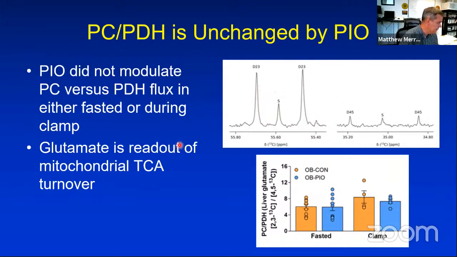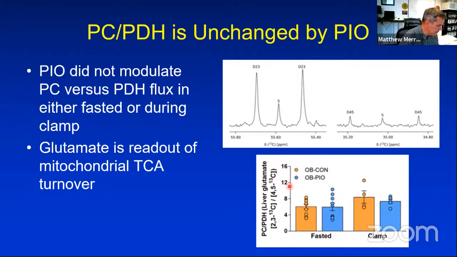So this glutamate is our readout of the mitochondrial TCA turnover. And even though glutamate is labeled by exchange with alpha-ketoglutarate, it's a faithful reproduction of the alpha-ketoglutarate labeling in most cases.